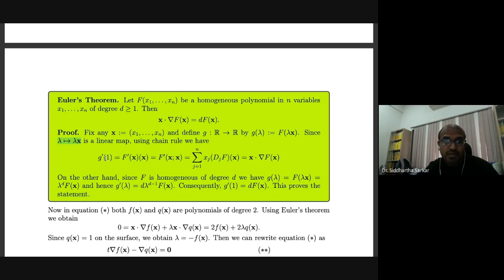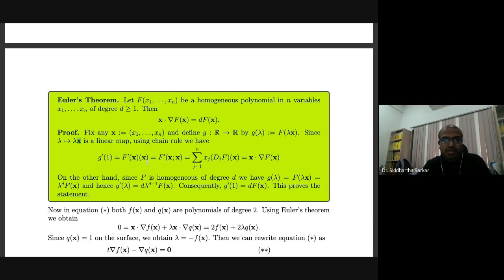Because it's a linear map, its derivative at any point is the linear map itself. Sorry, over here the lambda is varying, my x is a vector. So the linear map is decided by what x you have chosen.